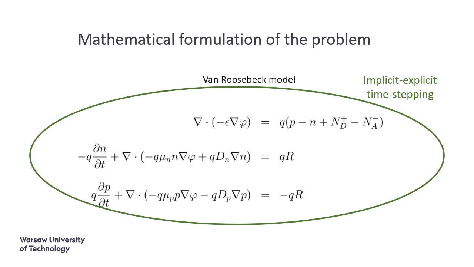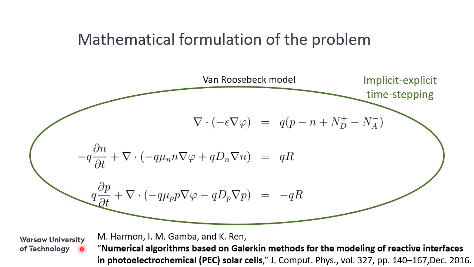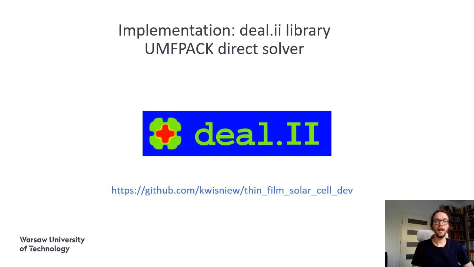If someone wants some details, my work was based on the article shown here below. I used the deal.II library and UMFPACK to solve my equations, and my code is uploaded on my GitHub, so you can look at it there.